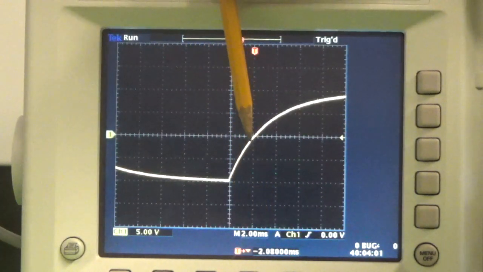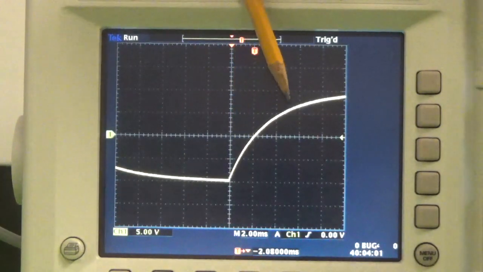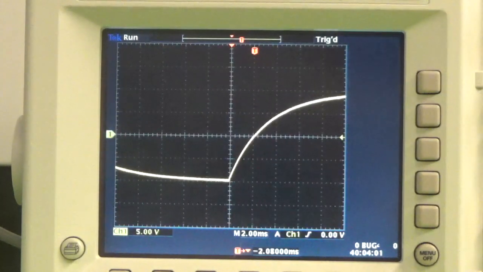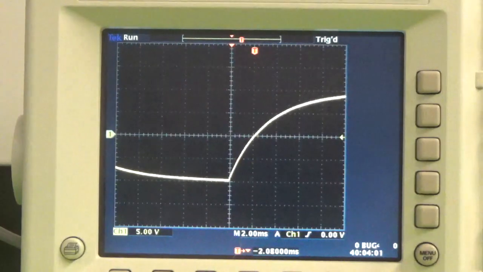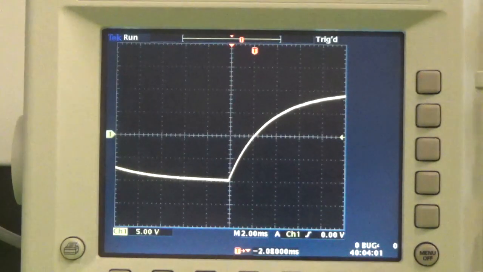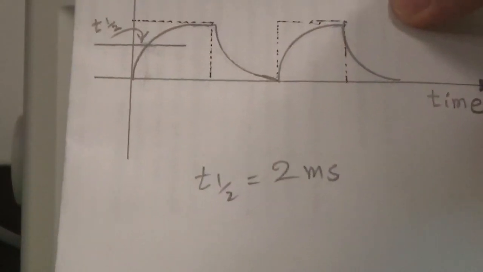So this is t half. t half is 2 milliseconds, and this t half was measured with 150 ohms resistance. So t half is equal to 2 milliseconds.